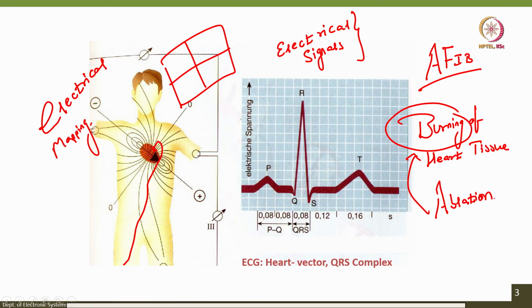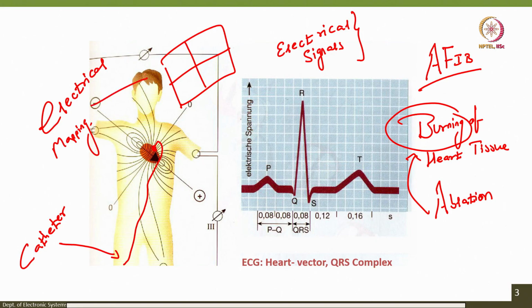Ablation, okay. First, a tube which we call a catheter is inserted through the groin and reaches the heart, and the tube has a sensor at the tip to measure the electrical activity from different regions of the heart.